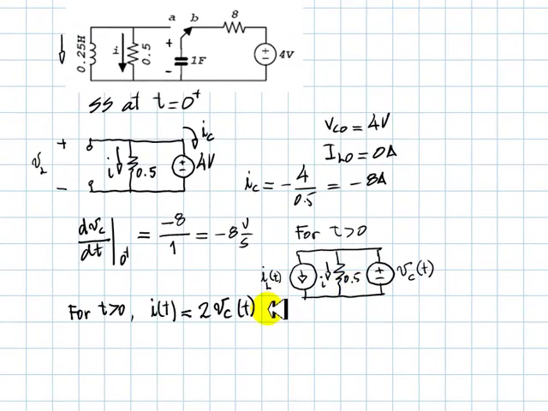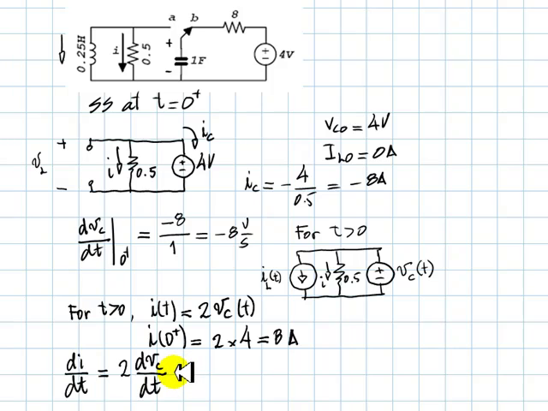And this is valid for any point in time after we move the switch. Which means that if we know the initial voltage in the capacitor, which we do, we can determine the initial current in the resistor, so this current. The initial current is 8 amps. And if we differentiate this expression, like so, this expression is also valid at any point in time, in particular at 0 plus.